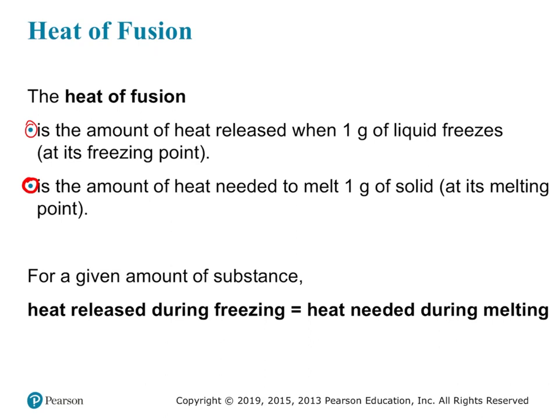So, for example, let's say that we are heating up an ice cube. So we're adding heat. The amount of heat needed to melt that ice cube, let's say it's 1 gram, the heat needed to melt is the heat of fusion.